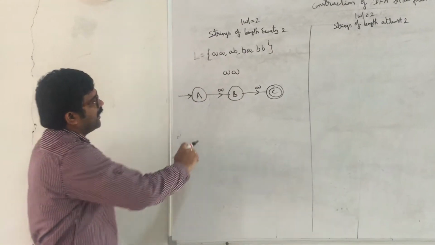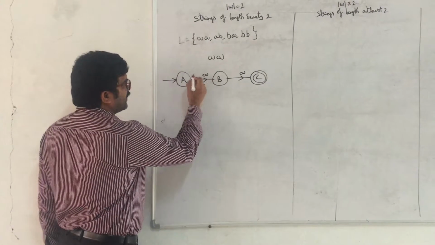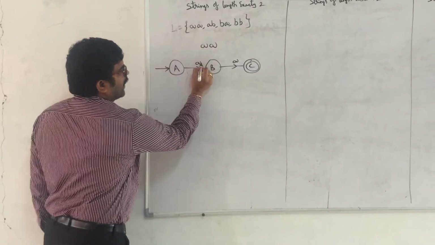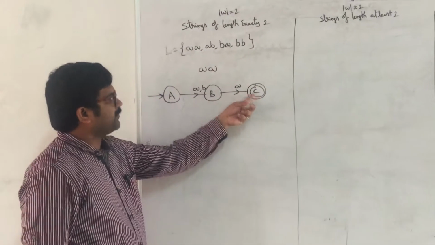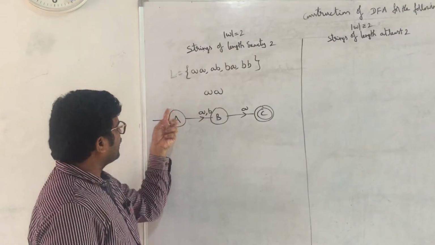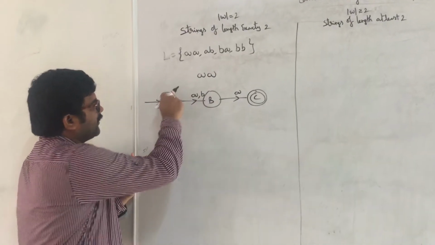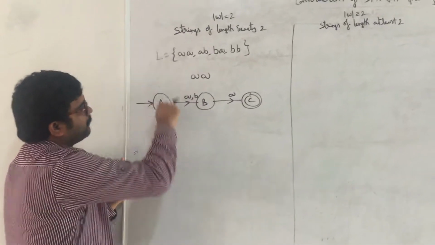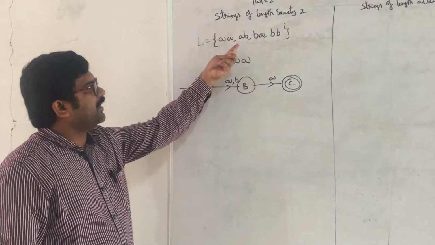At state A, can I give a self loop here? You need to check that. If you give a self loop, there is a problem. I need to accept aa in the same fashion, and ba also I need to accept. That's the reason, if I give a self loop here, you will get strings of more than 2 length. You will get many b's followed by aa, but that kind of string is not available in the language.